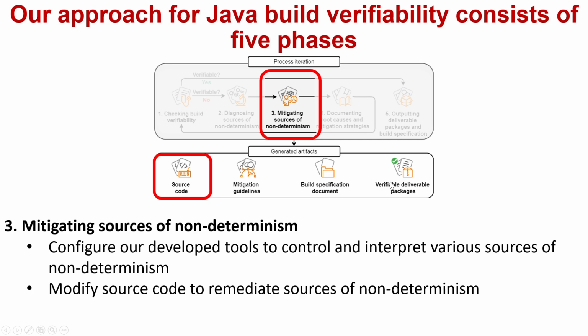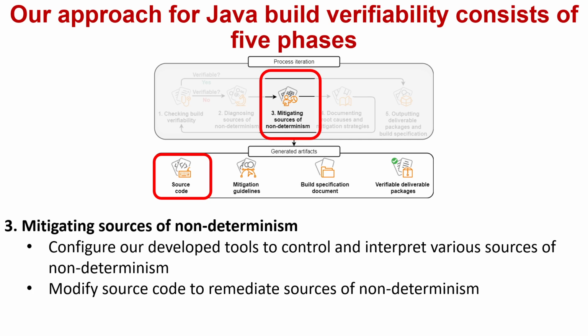The objective of phase 3 is to leverage automated techniques to mitigate sources of non-determinism. The phase is decomposed into 2 steps. In the first step, we apply bytecode instrumentation to control sources of non-determinism by dynamically altering the behavior of the build tools. As we explained earlier, modern build tools for Java systems are also implemented in Java and run over the JVM.